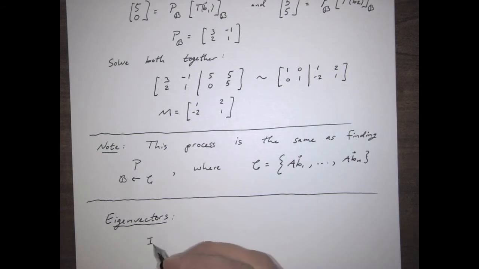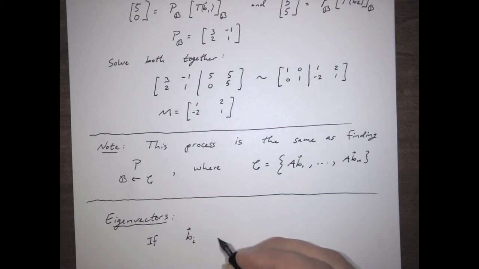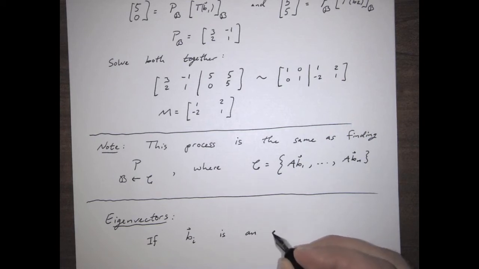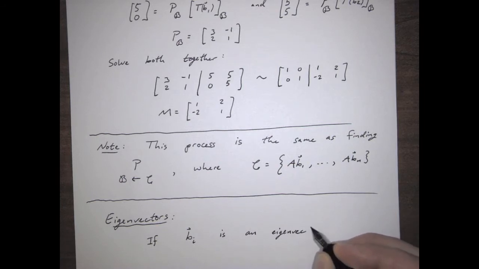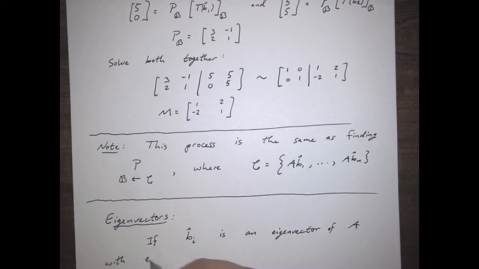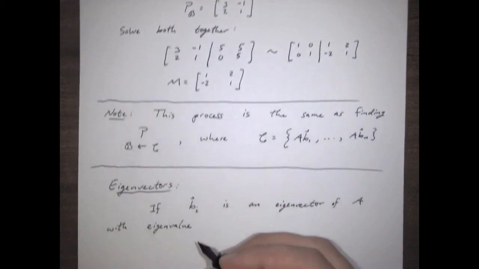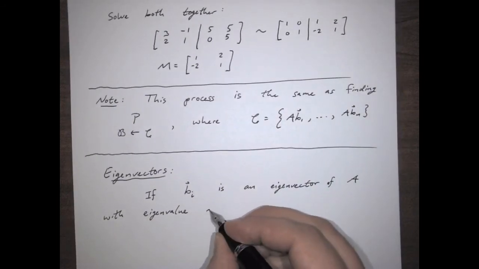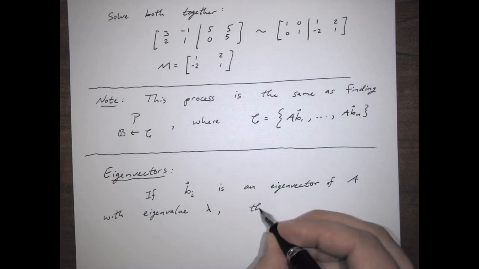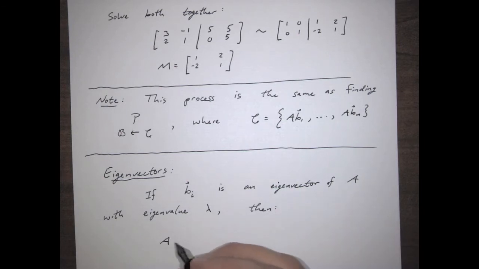So if, let's say b_i, just a random element, happens to be an eigenvector of A, with eigenvalue lambda, then A b_i by definition is lambda b_i.